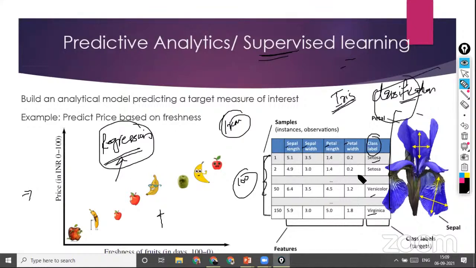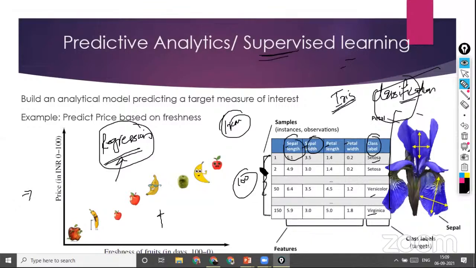I hope this example is clear to you. Some of the terms that I have used, I will be using again in coming slides. These are the features, these are class labels, these are samples, or you can say observations.